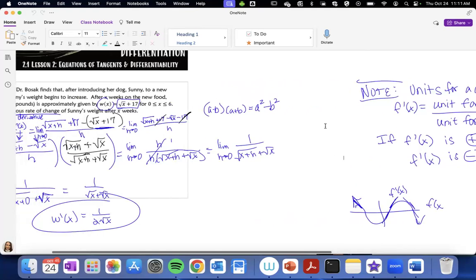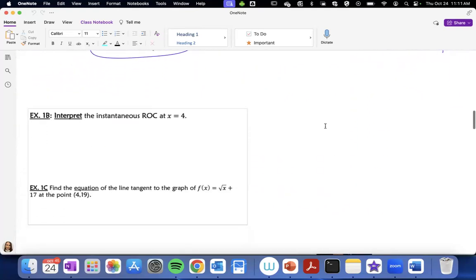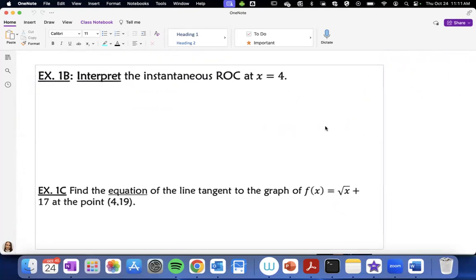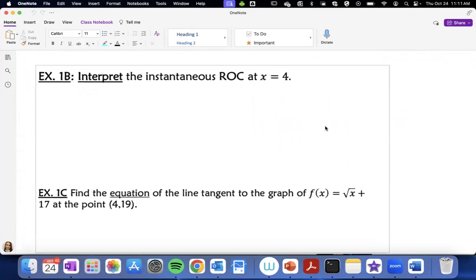All right, now let's go ahead and interpret this. Part B is interpret the instantaneous rate of change, ROC, at x equals 4. So at x equals 4, eventually we're going to find the equation of the tangent line.